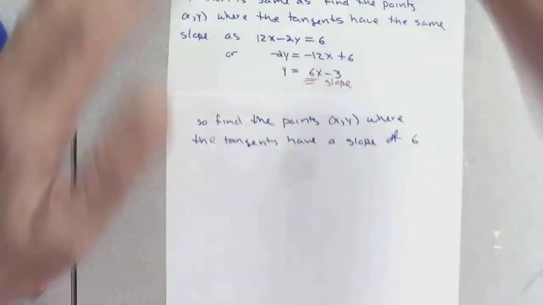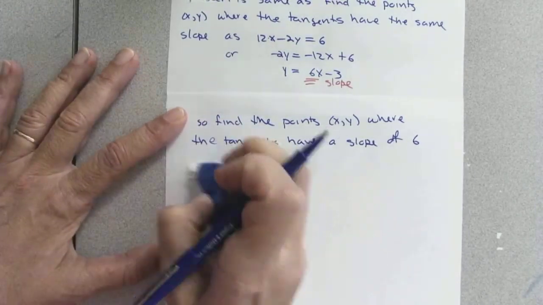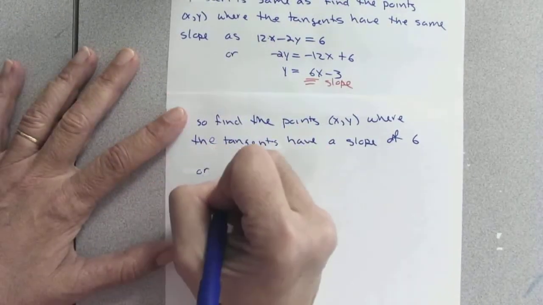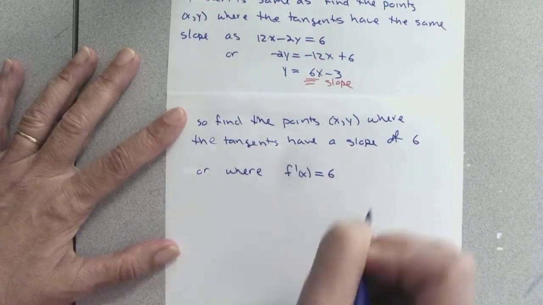And then finally, slope of a tangent, or where f prime of x equals 6.